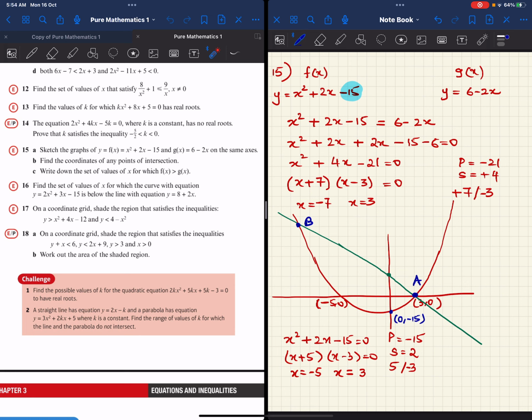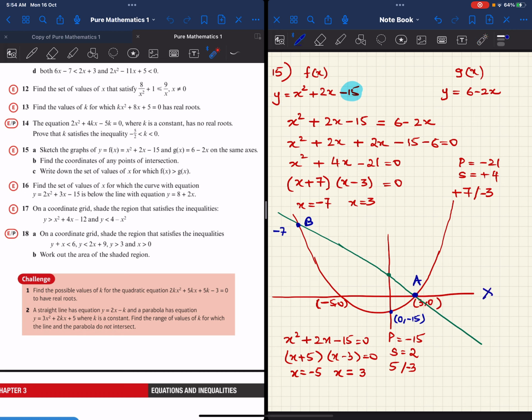Okay, so first what we did is we found the x coordinates of the points of intersection of the two graphs. One of the x coordinates is 3 and the other x coordinate is negative 7. So this is going to be negative 7. And since it says find the coordinates, here the coordinates are 3 and 0, since this is on the x-axis.